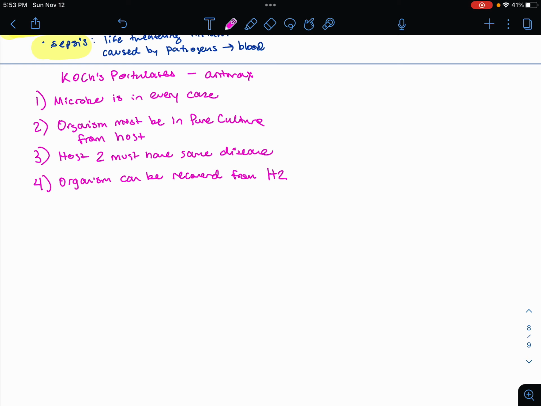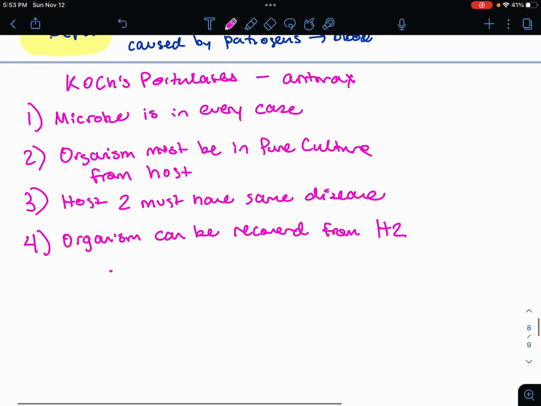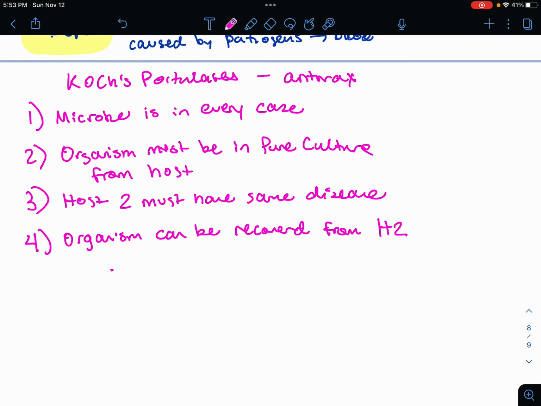So the mechanisms of pathogenesis: how these microbes could cause a disease that would be monitored by Koch's postulates. Sometimes there are toxins that are ingested. Sometimes they go to the mucous membranes.